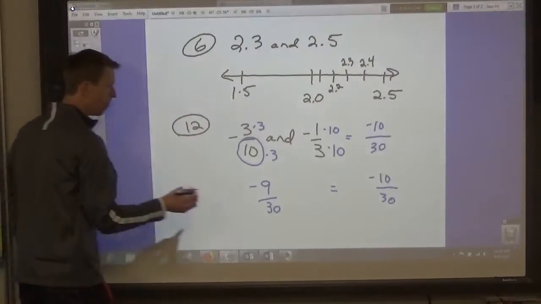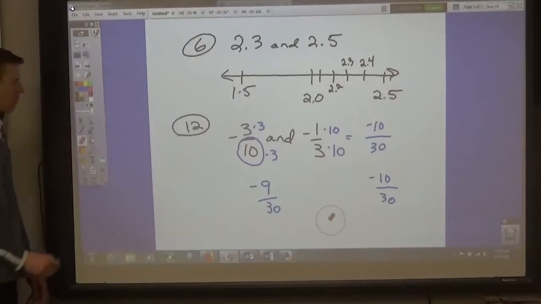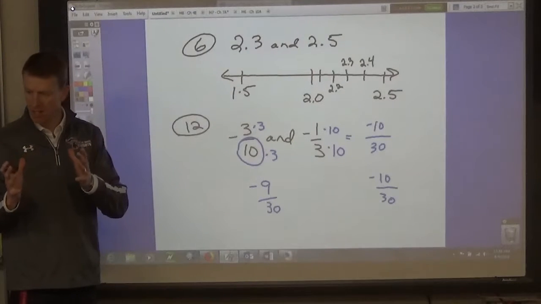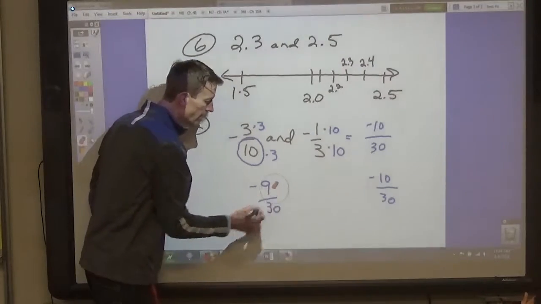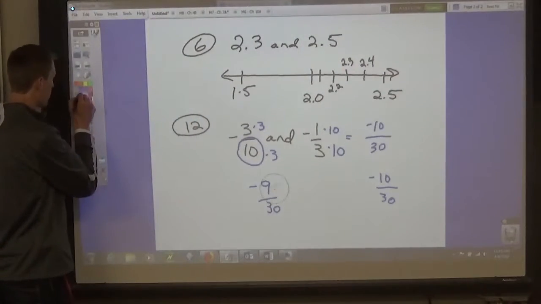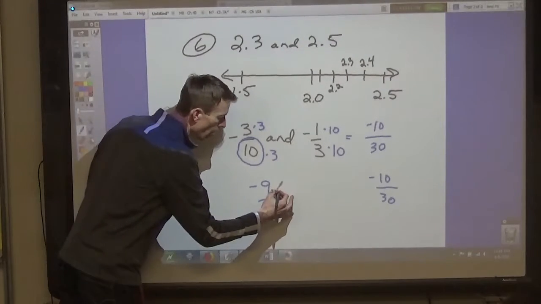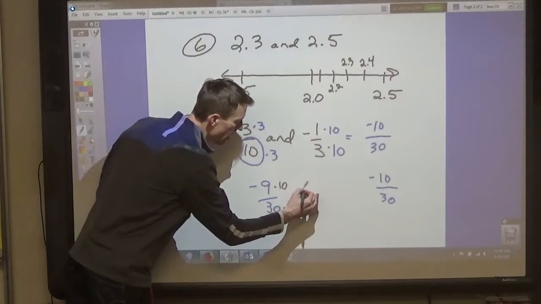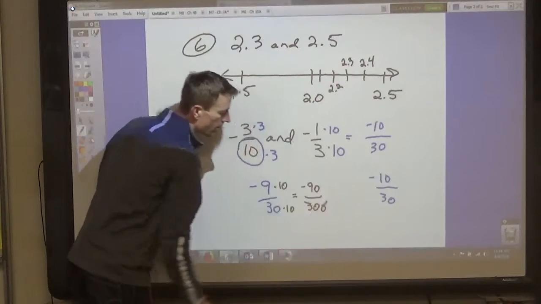So, what can we put in between those? Well, what we have to do is we have to make the number more precise. Okay, we have to make the pieces smaller. So for example, if we change this one by multiplying them both by 10, we'd have negative 90/300.